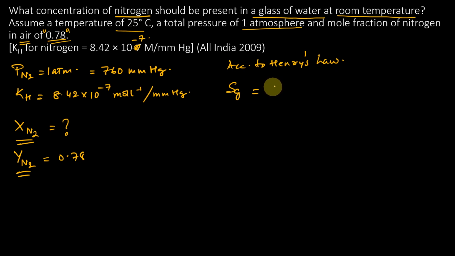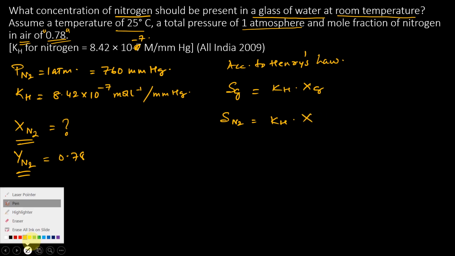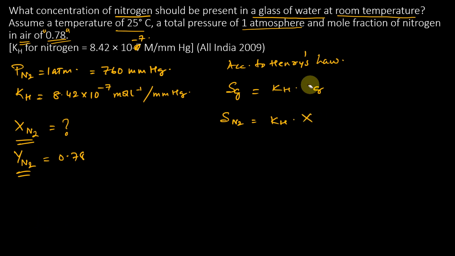Solubility of the gas. Solubility of which gas? Nitrogen. KH into X of the gas. So solubility of nitrogen gas is equal to Henry's law constant into mole fraction, oh so sorry, it's not mole fraction, by the way, it's pressure of the gas. It's partial pressure of the gas. So it will be Henry's law constant into partial pressure of the nitrogen gas.